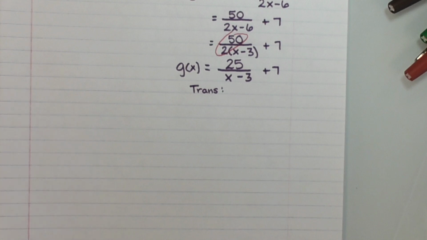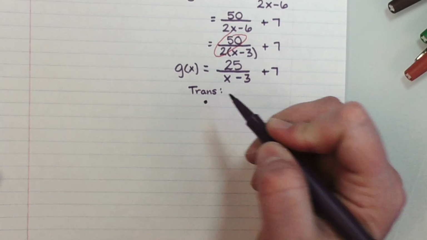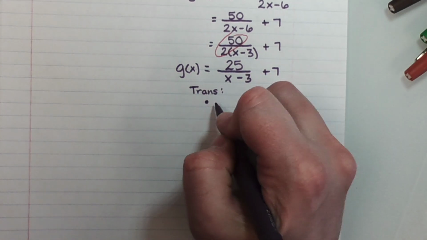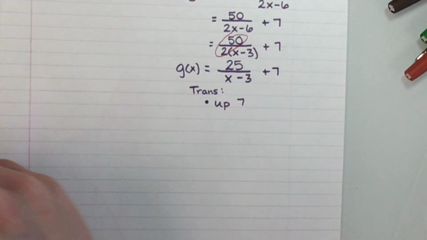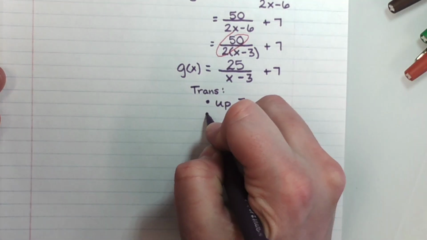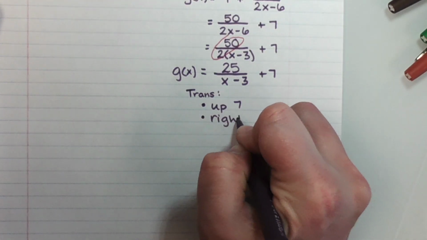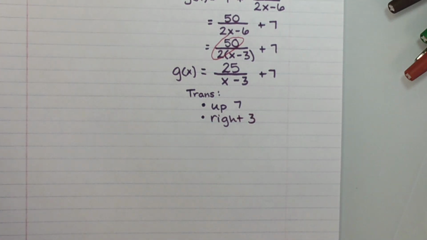Now we talk about our translations, and our transformations, I should say. Elijah, what's a transformation you see that happened? Yes. Christian, what's a transformation that you saw happen? Right 3. Yes. Kira, what's a transformation that you saw happen?